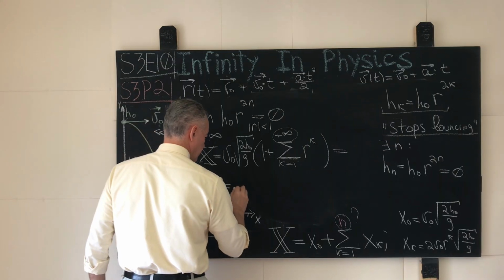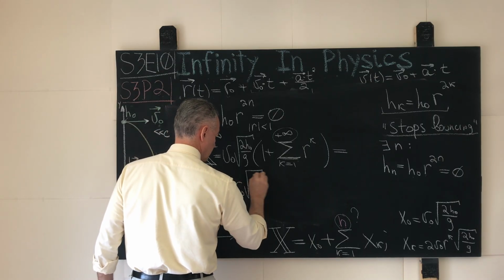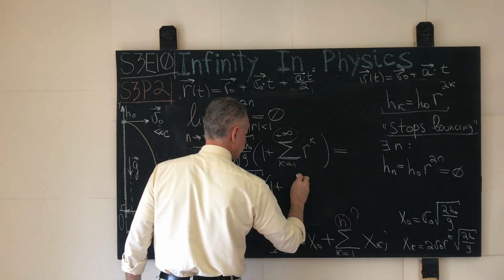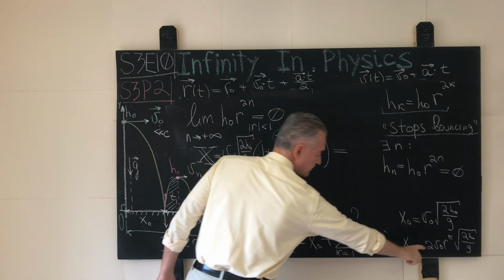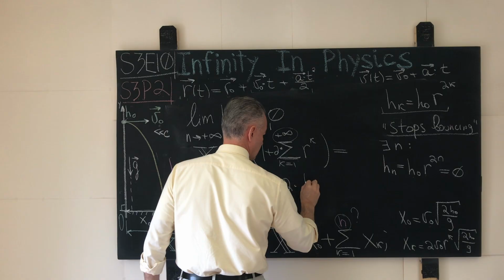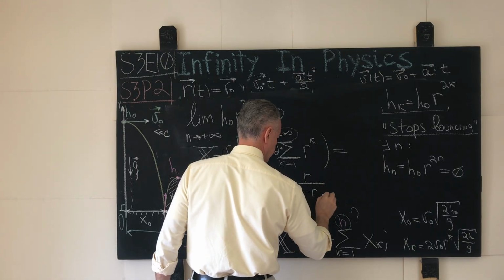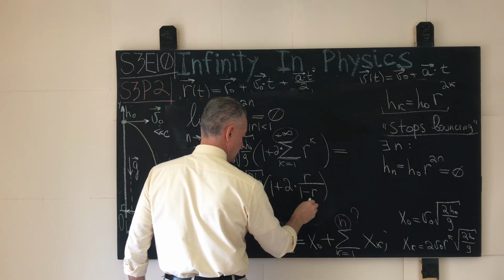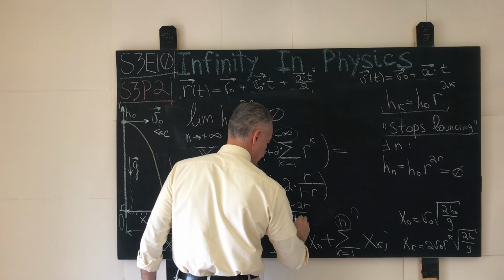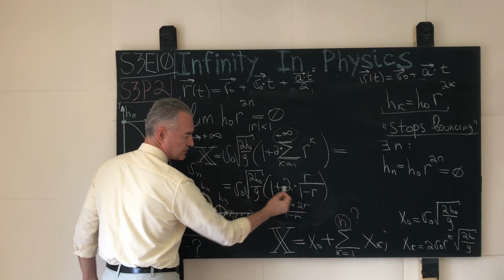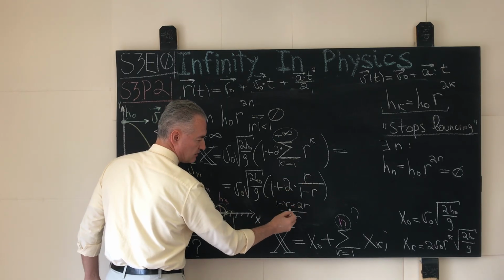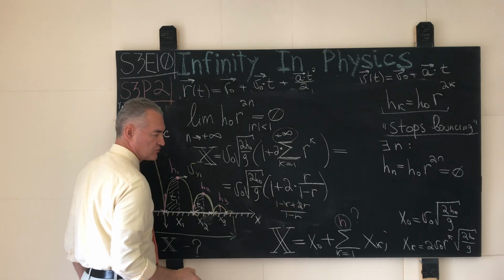And now we have it: v0 square root of 2h0 over g, 1 plus, and what did I forget? I forgot 2 over here, 2 times r over 1 minus r. And what do we have over here? 1 minus r plus 2r over 1 minus r. Would you agree? 1 minus r jumps in the numerator, plus 2r, negative r, and this and 2 copies of r cancel out.